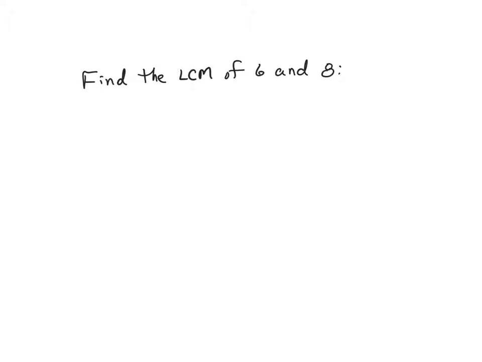Let's do another one. Find the LCM, the least common multiple of 6 and 8. In order to do that, first I'm going to find the multiples of 6. So 6, 12, 18, 24, 30, 36, 42. Now the question is, when do I stop?